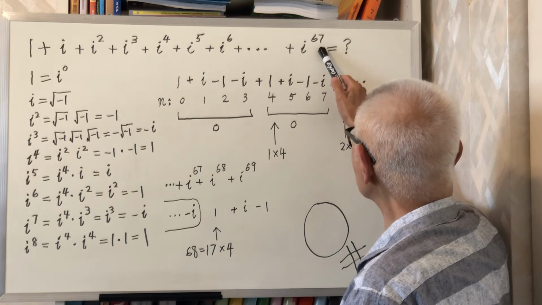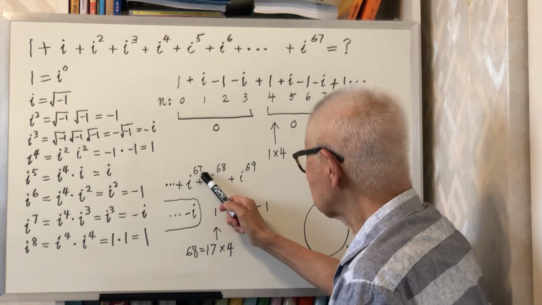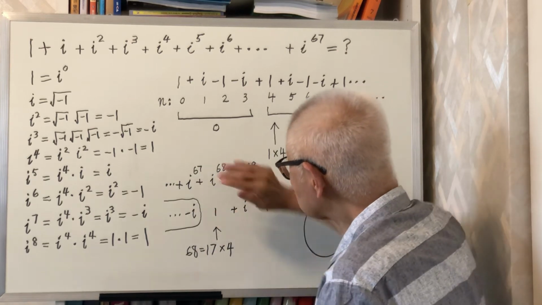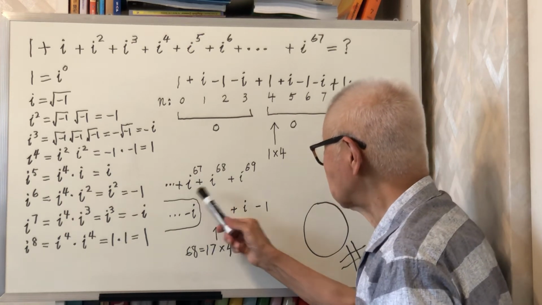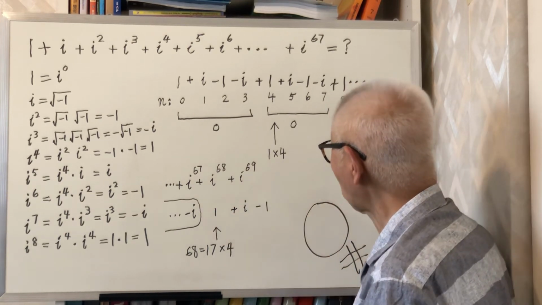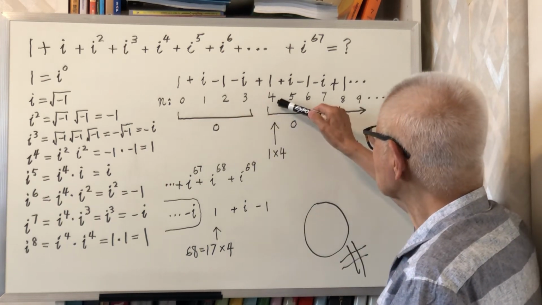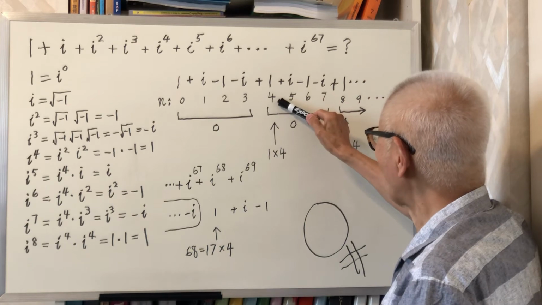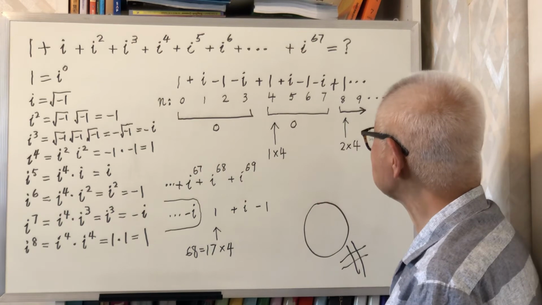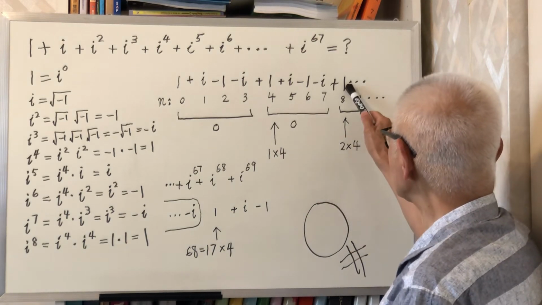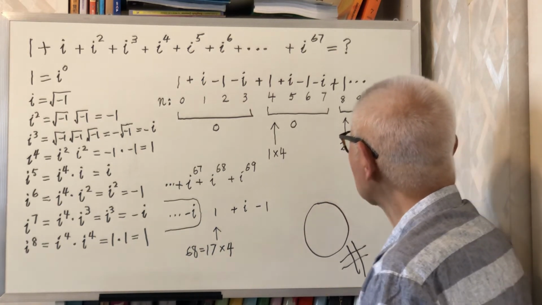Let's write a few more terms after 67. I want to stop here, but let's look at what's after this term. So 68, 69, and so on. Look, this one is power 4, which is 1 times 4. This one is power 8, which is 2 times 4.